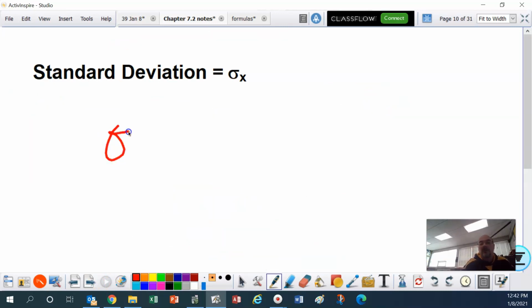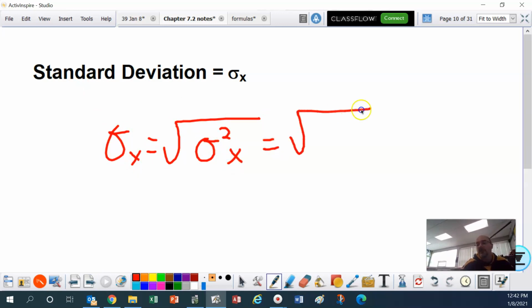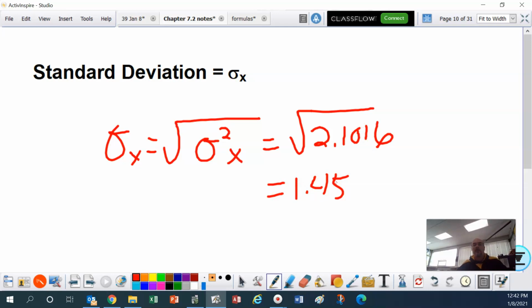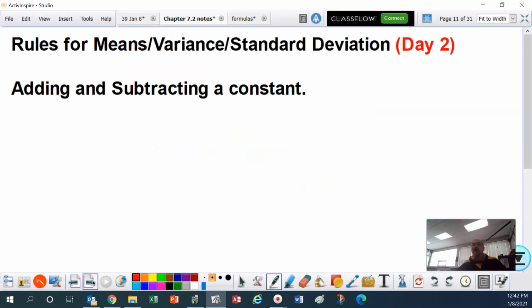So again, the standard deviation is the square root of the variance. So that's the square root of the 2.1016, and we got 1.45. All right, I think that was it, folks.